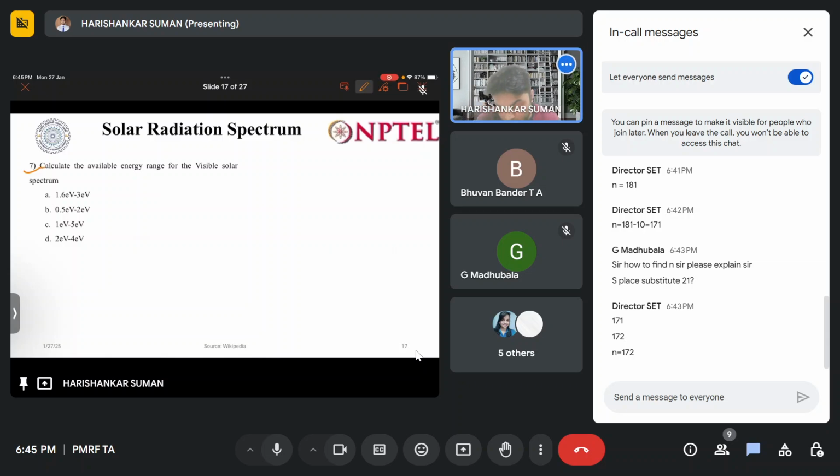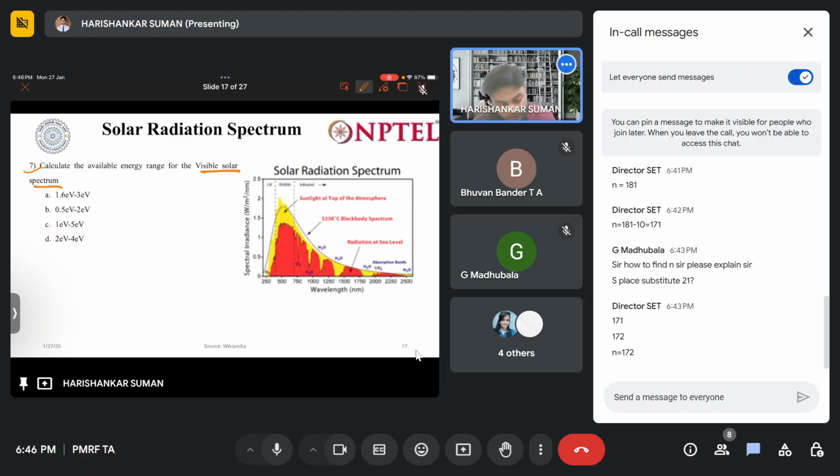This is the question. Calculate the available energy range for the visible solar spectrum. Where is the visible spectrum? You can see this is visible. What is the wavelength?